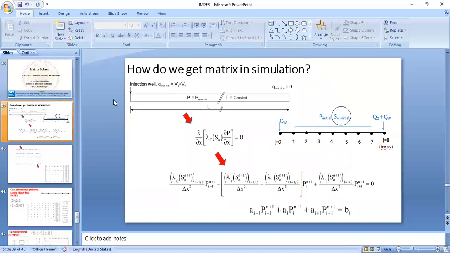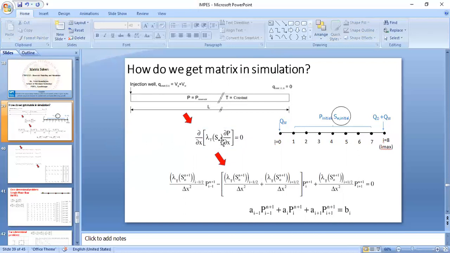As I told earlier, you have a conceptual model like this, and that conceptual model has been transformed into an equivalent mathematical model, something like this form. I took this from the last class, which is the immiscible two-phase fluid flow model. With some assumptions we had ended up in an equation like this.